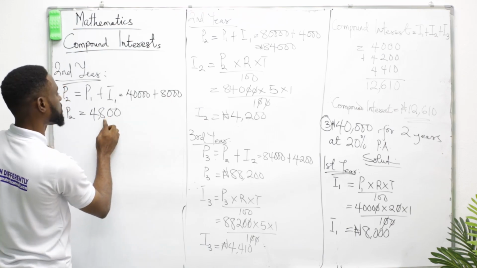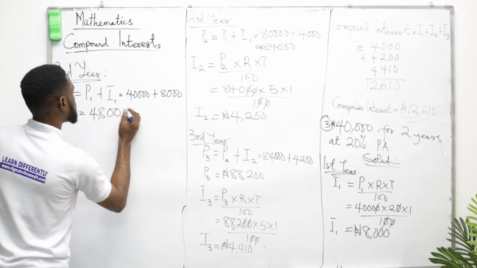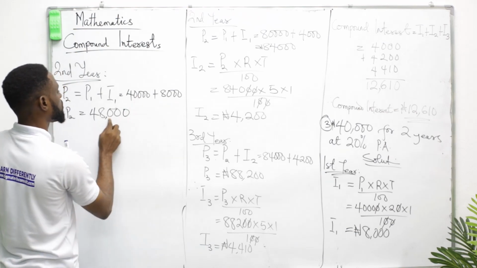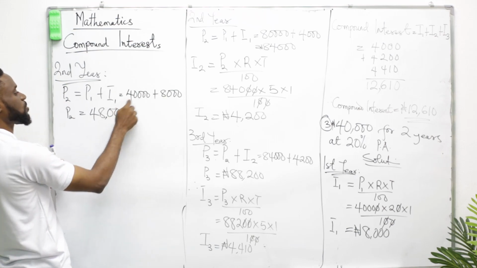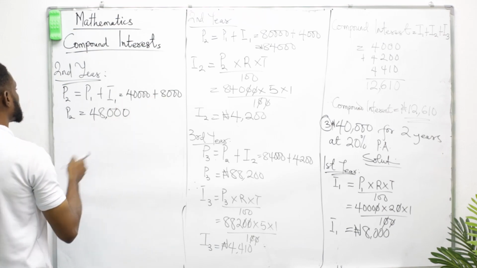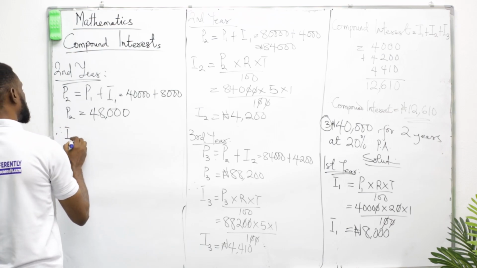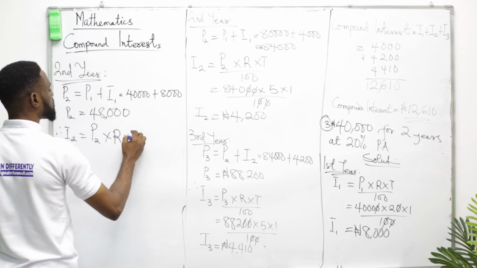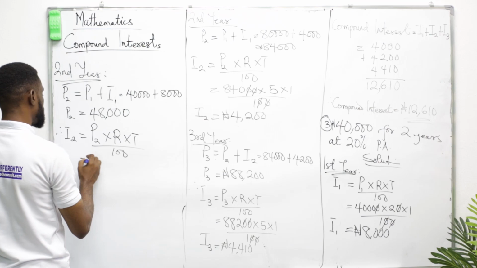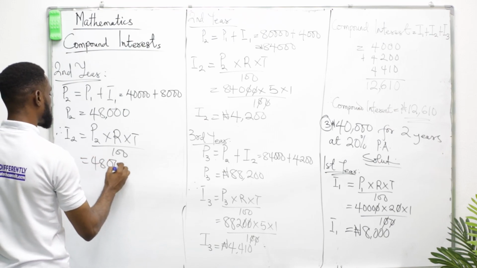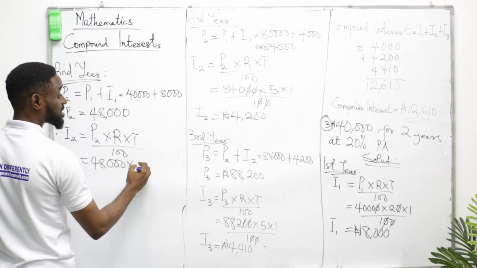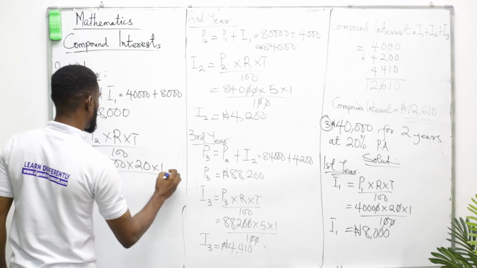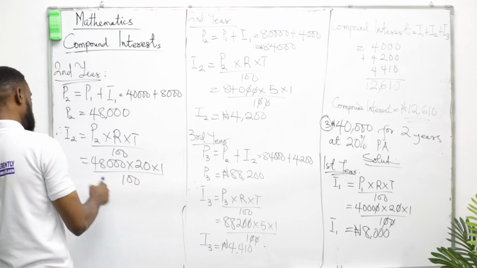So 48,000. These 3 zeros, then the 8, and 4 is here, okay? So therefore, the interest for year 2 will be equal to P2 times R times T all over 100, which is equal to 48,000 times 20% for 1 year, that is the second time now.